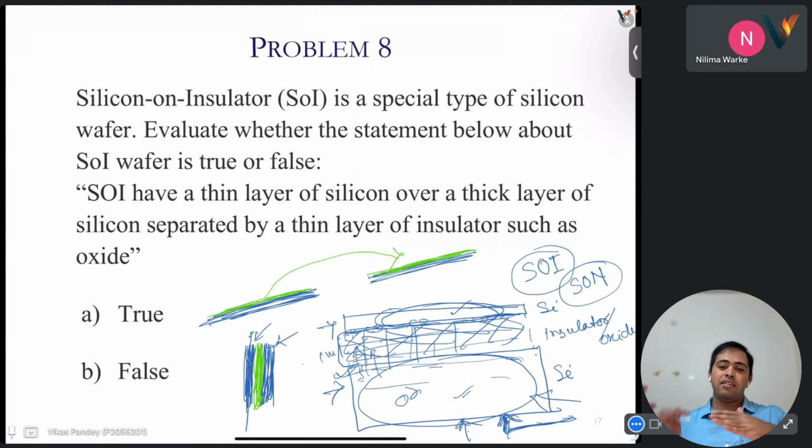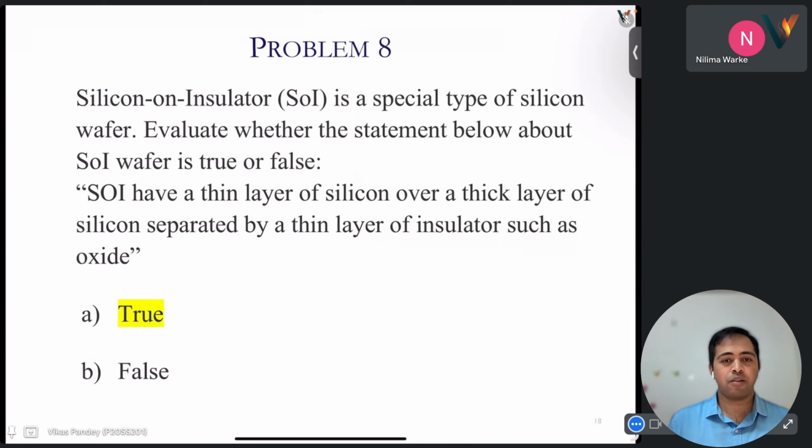I tried one without this bulk silicon and one with bulk silicon, and in both cases the results are quite different. So there is a difference. So this is a special kind of wafer in which they are separated by an insulator.